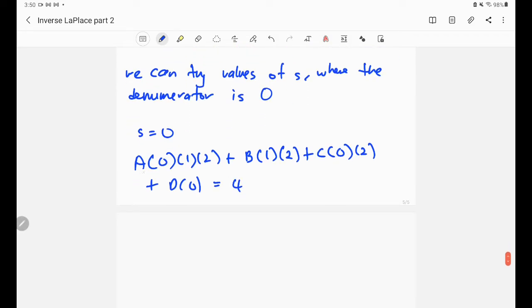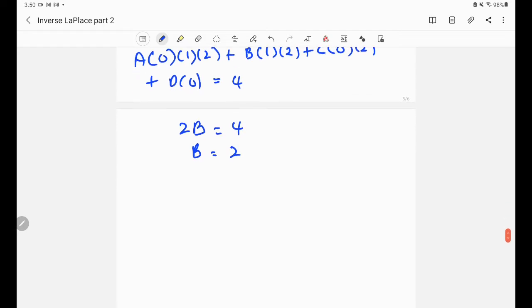Because A times 0 is 0, C times 0 is 0, D times 0 is 0, all we have is 2B equals 4. Therefore B is equal to 2. That's the first value that we have.